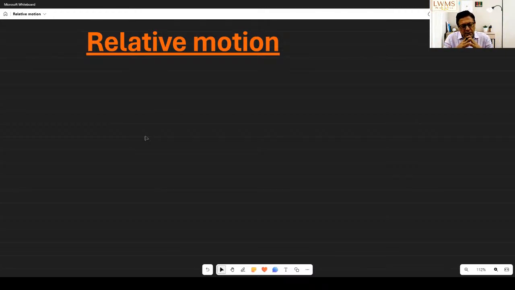Relative motion in 1D, 2D, 3D is all possible if we know the meaning of a relative position. Let us start with the concept of a relative position. What is the concept of relative position?